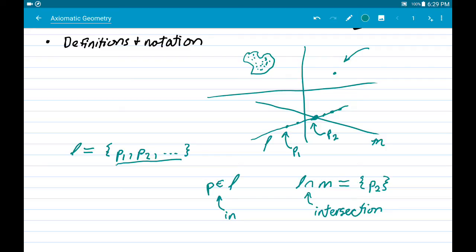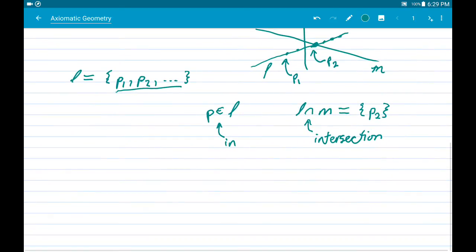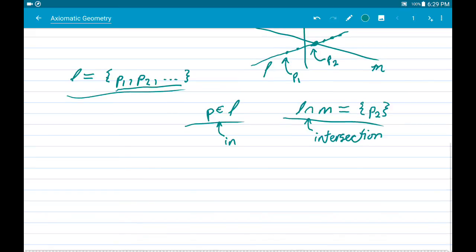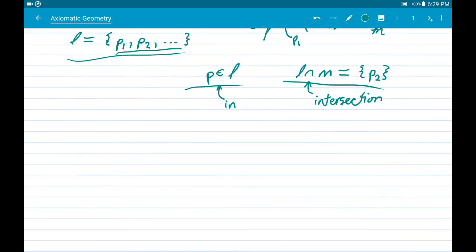We could come up with other things too, like maybe this region intersecting some other line would be the set of just these points. So this is the notation that I use for sets, for set membership, and for intersection, and that's probably enough for the set theory notation.